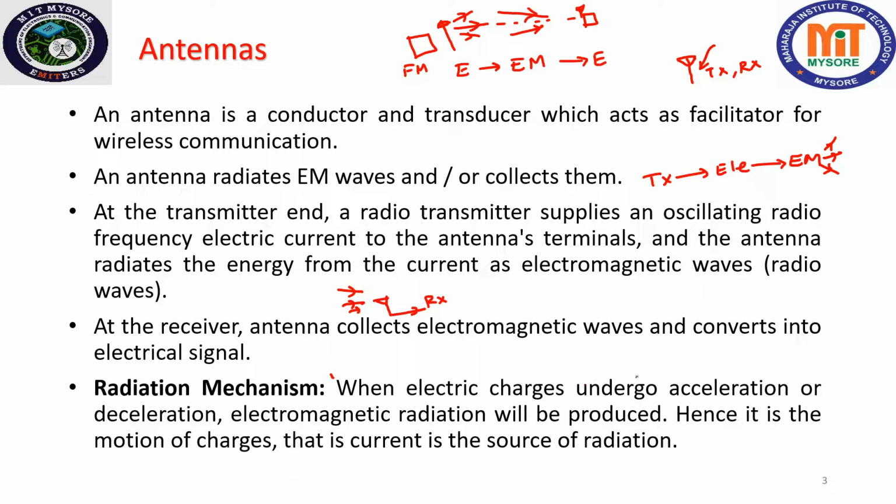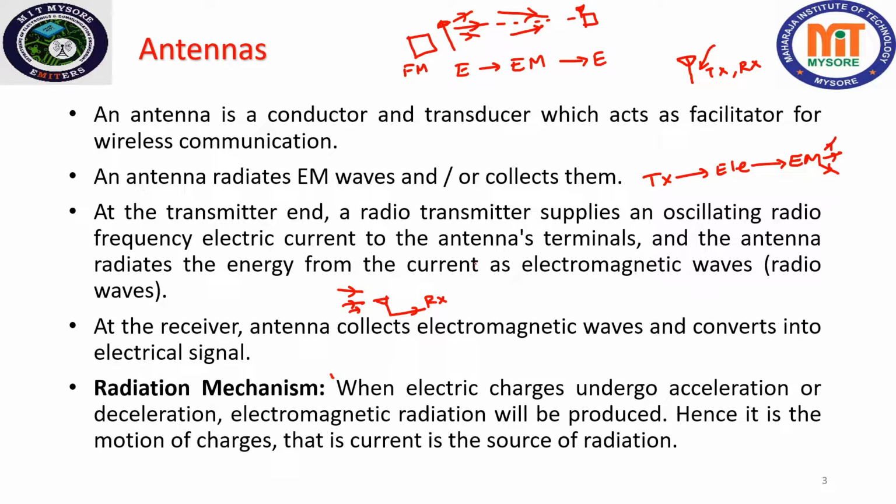When electric charges undergo either acceleration or deceleration, electromagnetic radiation will be produced. Hence, it is the motion of charges, that is nothing but current, that is the source of radiation. Okay, so an elaborate discussion on this might have been done in the MWA course. Correct? So we'll not go into in-depth details of this. The only thing is, when electrical charges undergo acceleration or deceleration, electromagnetic radiation will be produced, which will propagate through the space.